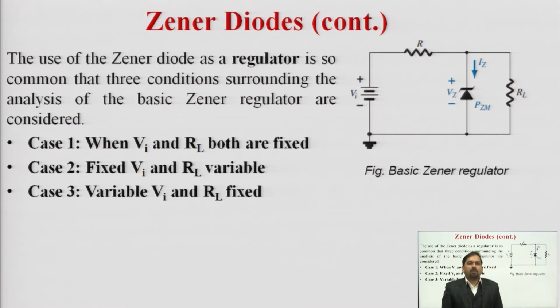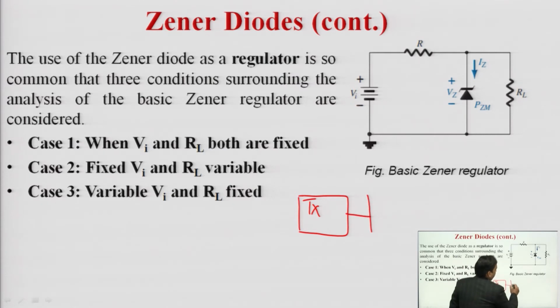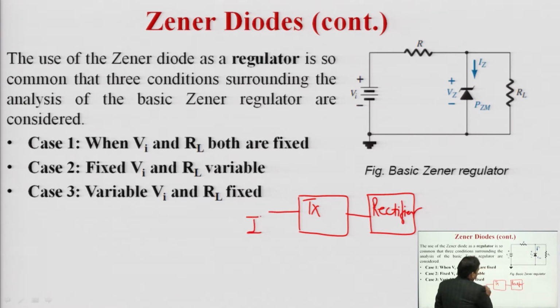Now, in any power supply, first we have the transformer, next we have the rectifier. We have already seen that if we apply a 220 volt input, this rectifier basically converts an AC signal into a pulsating DC.